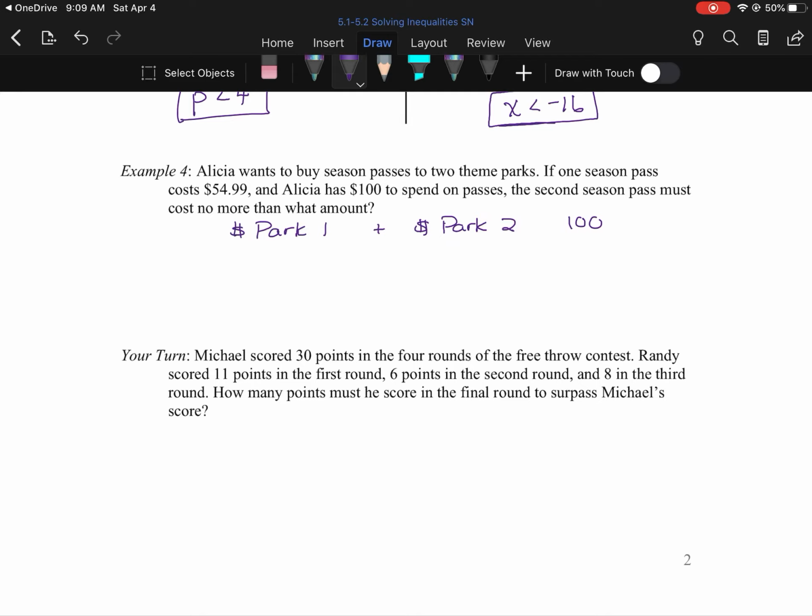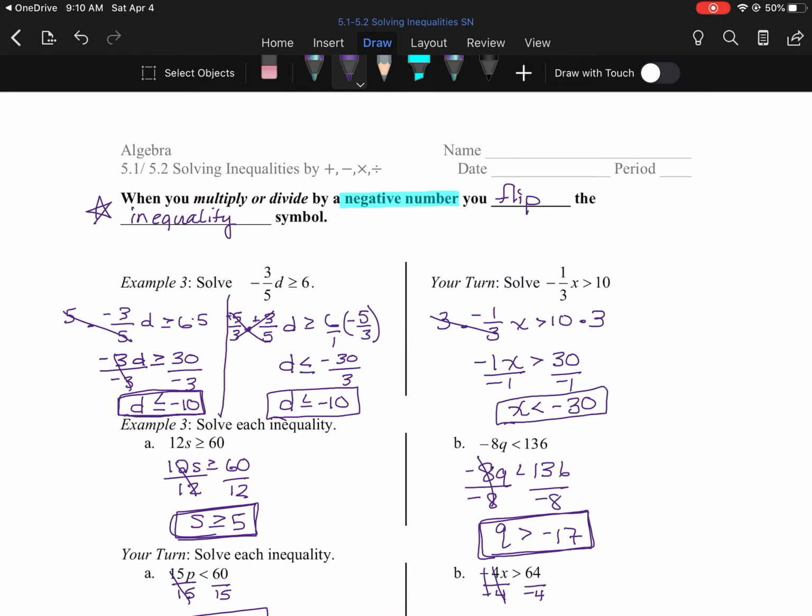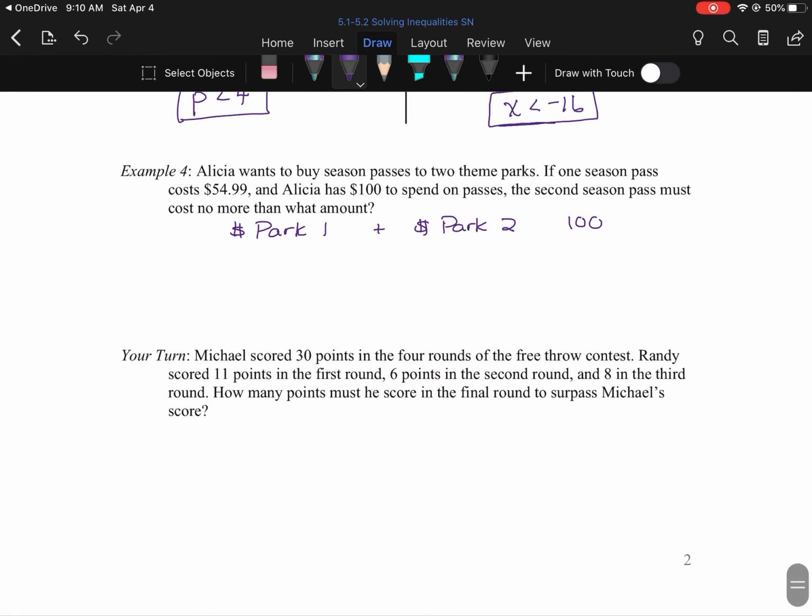and she has $100. So I need to put some type of symbol in there. So we need to think, can she spend more than 100? Does she have to spend exactly $100, or can she spend less than $100? So we can put, sorry, I'm not really sure why that keeps going back to the top.